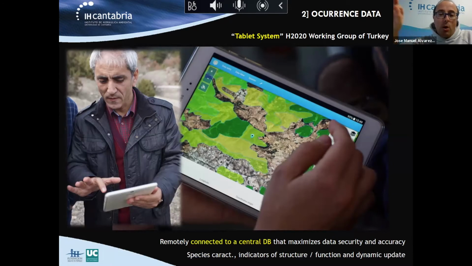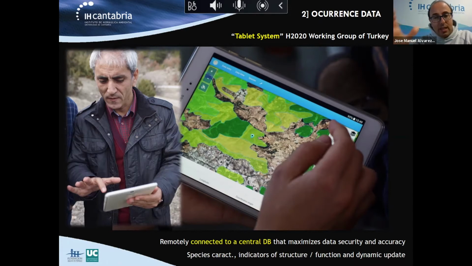And at the end, if we don't check in the orthophoto and take into account all those sources of information, that GPS point moves and we are accumulating an error. So in the project of Turkey, because the field botanists were not very familiar with these GIS-friendly facilities, we created what we call a tablet system. It's a tablet on which they just click and insert and put information in a database.